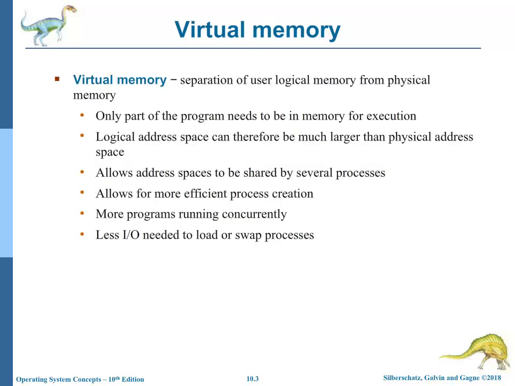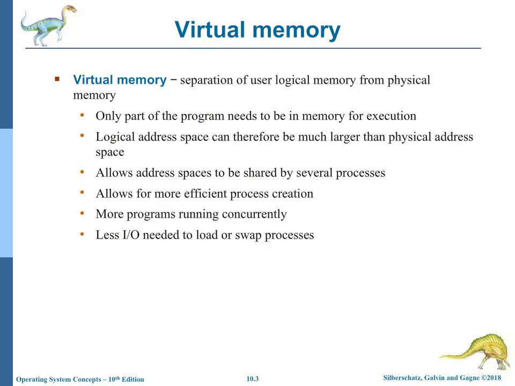The ability to load only the portions of a process that were actually needed, and only when they are needed, has several benefits. Programs could be written for a much larger address space, like a virtual memory space, than the physical memory that exists on the computer.